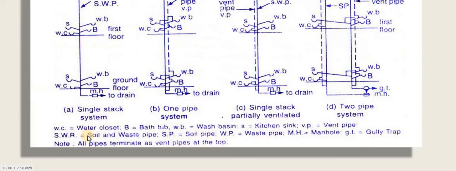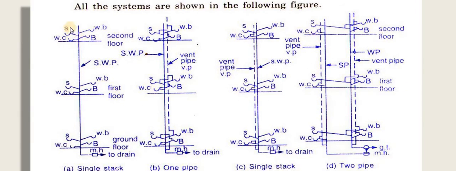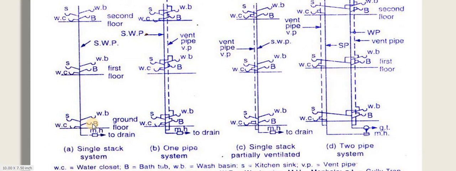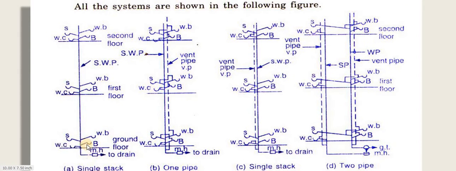So you can see in this figure that WC, bath, wash basin and sinks are all connected into one pipe, and all waste is connected to a manhole, and that manhole is connected to the drain. So these are the ground floor component, first floor component, and second floor component.